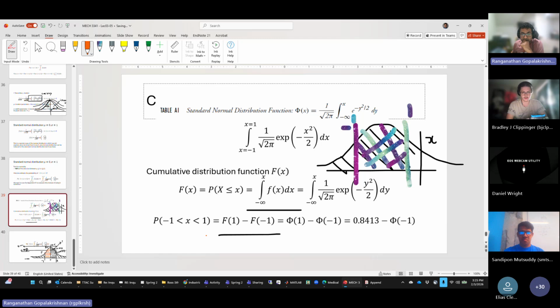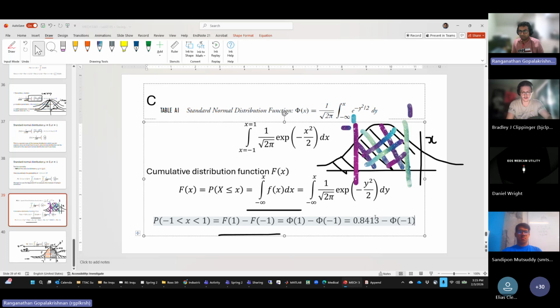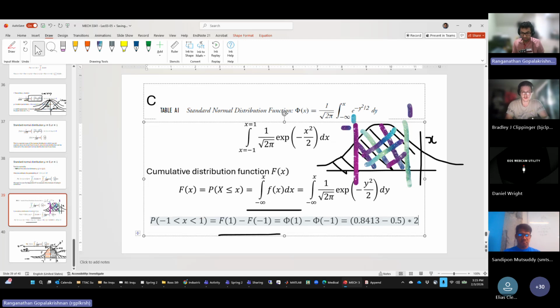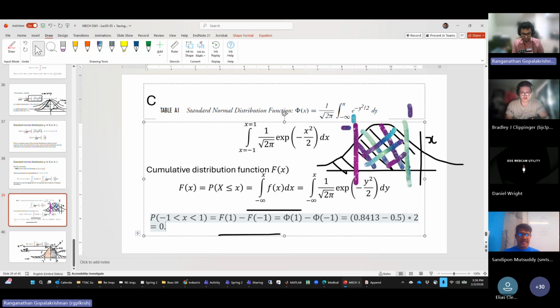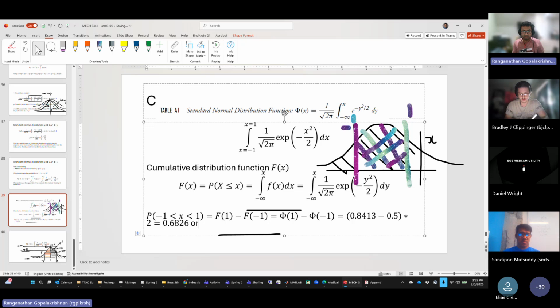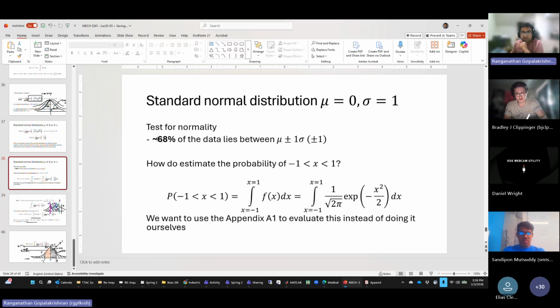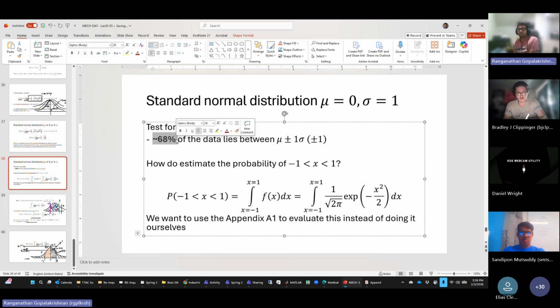Well, that must be 0.8413 minus 0.5, times 2, which is going to be 0.6826, or about 68.3% is contained between -1 to +1. That's where we got this number for test of normality, that approximately 68% of the data should lie within one standard deviation.